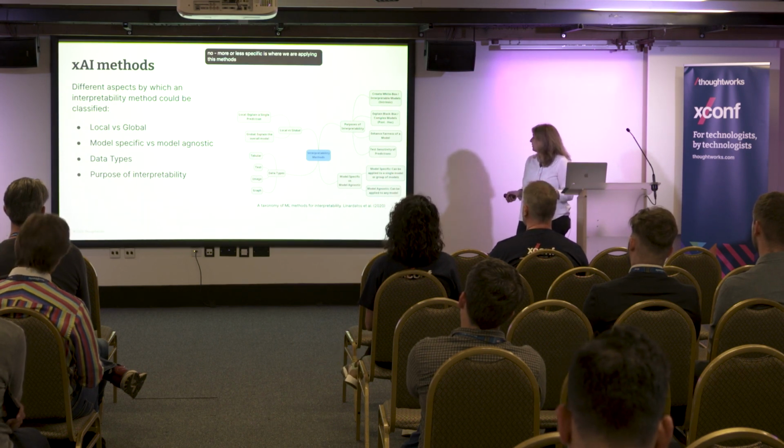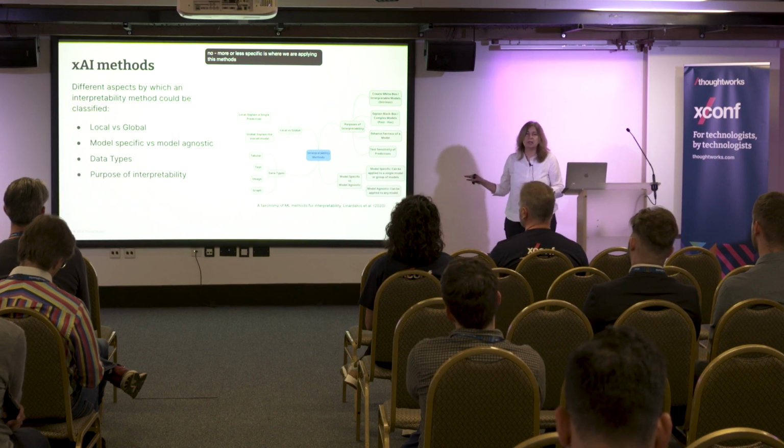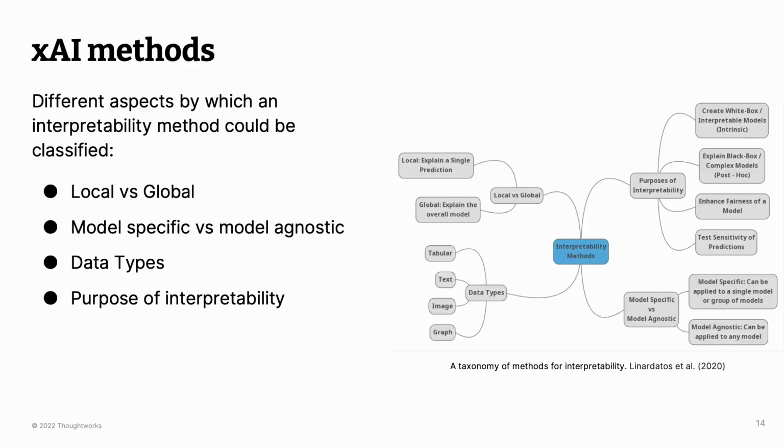Other methods are model-agnostic, no? They can be applied to any model. The third criterion can be data types. Some XAI methods can be applied only to tabular data, and others to text, or maybe to images or graphs or whatever.